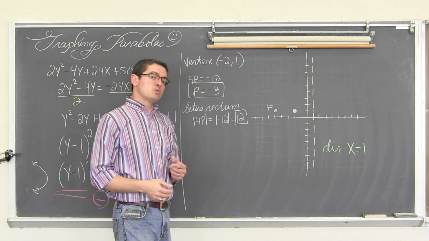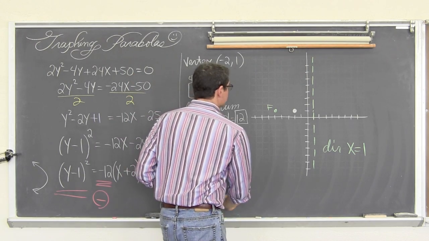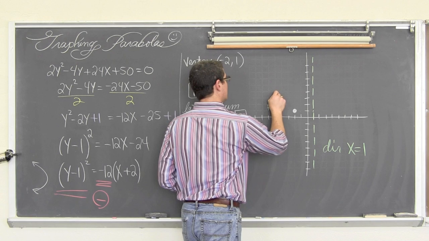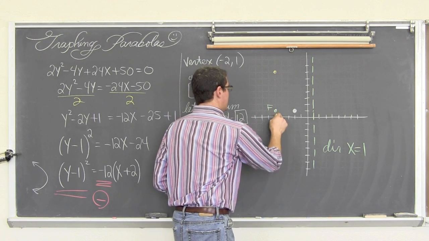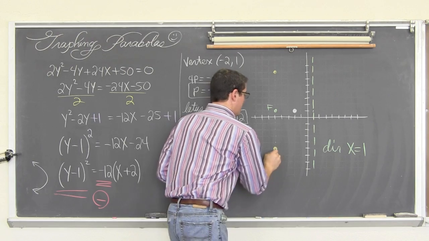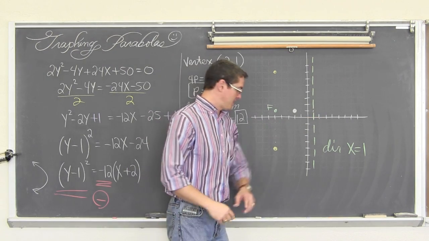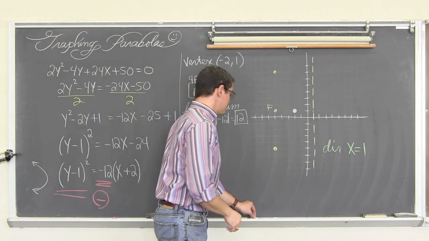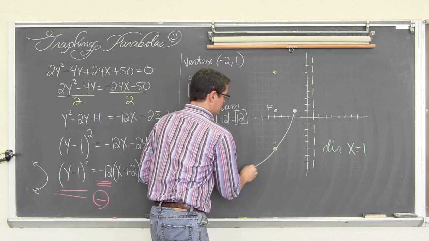My latus rectum is 12 units, so I'm going to go up 6 units and down 6 units, going perpendicular to the axis of symmetry, and my graph looks something like this.